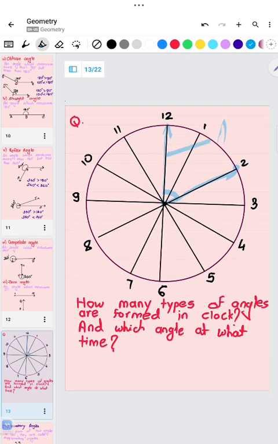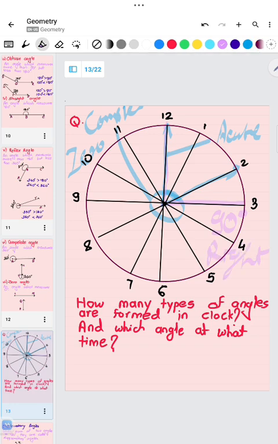Okay, acute, this complete, zero. Okay, then if this angle is coming towards 3, then 90 degree, right angle. Here itself zero angle, here complete angle.